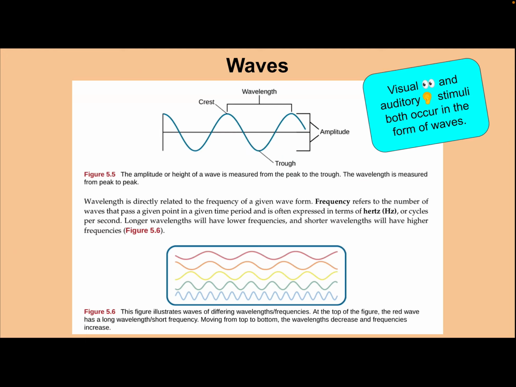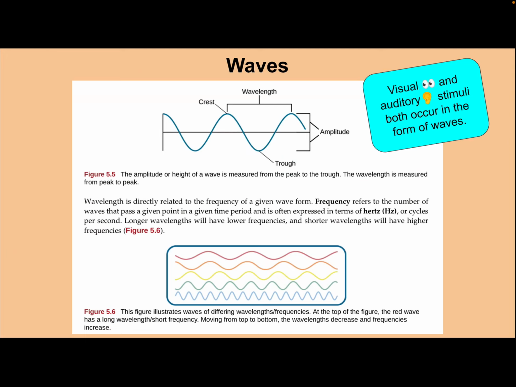The wavelength is also related to the frequency, which is how often the waves happen in a given period of time. The amplitude, on the other hand, is how tall the wave is, from the bottom of the trough to the top of the crest. So wavelength goes crest to crest, and amplitude goes trough to crest.